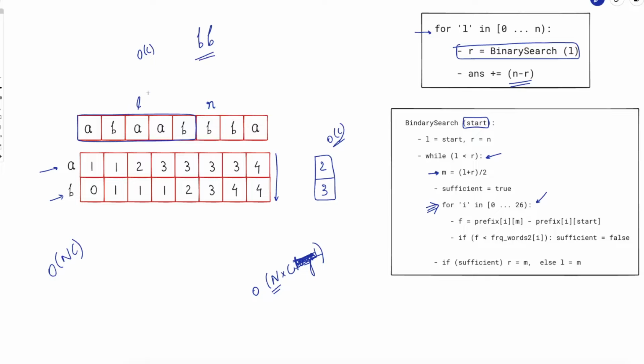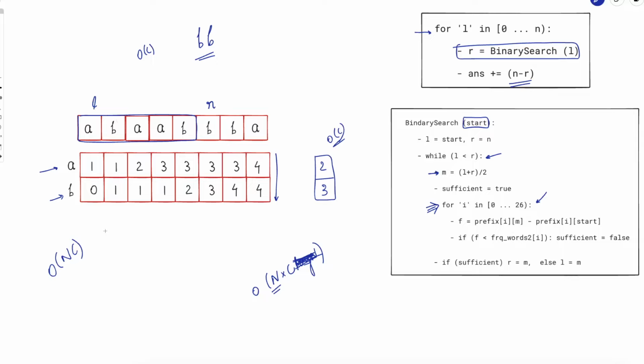In this case, it is valid. So you will increment your answer again by n minus r, where this is your new r. Again, increment your L. For this L, this r will still remain the same. Again increment, and so on and so forth. So basically, that's how you will proceed with the algorithm.